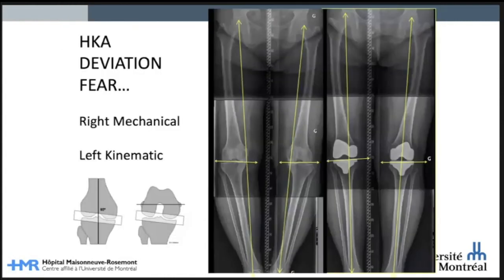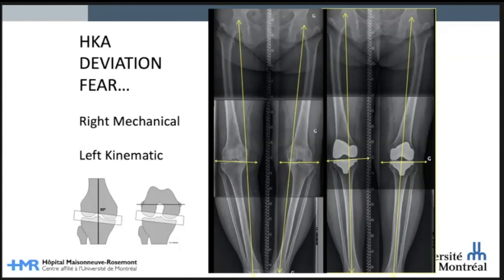Many people fear leaving the lower limb in some varus after a kinematic alignment technique. If we look at this patient where the right lower limb was implanted with mechanical alignment and the left lower limb with kinematic alignment technique, we see that the HKA is very near neutral on both sides, and keep in mind that the mean HKA of a normal population is around 0 degrees.